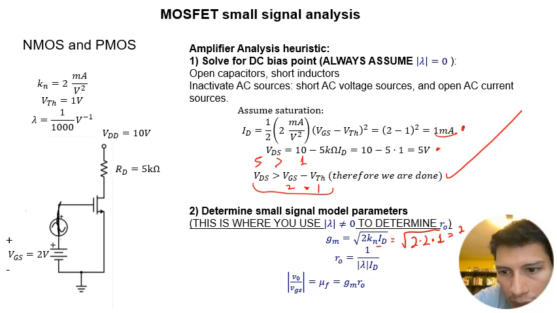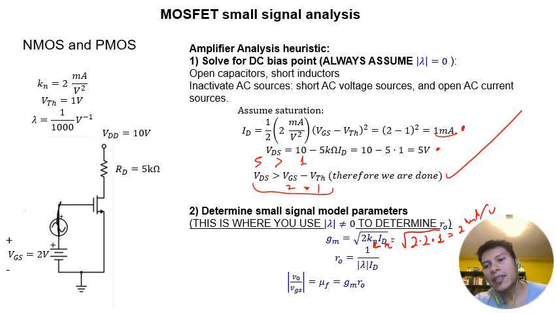This is milliamps per volt. Because remember, K is in milliamps per volt squared and ID is in milliamps, so we get milliamps squared divided by volt squared. We take the square root, so we get milliamps per volt.